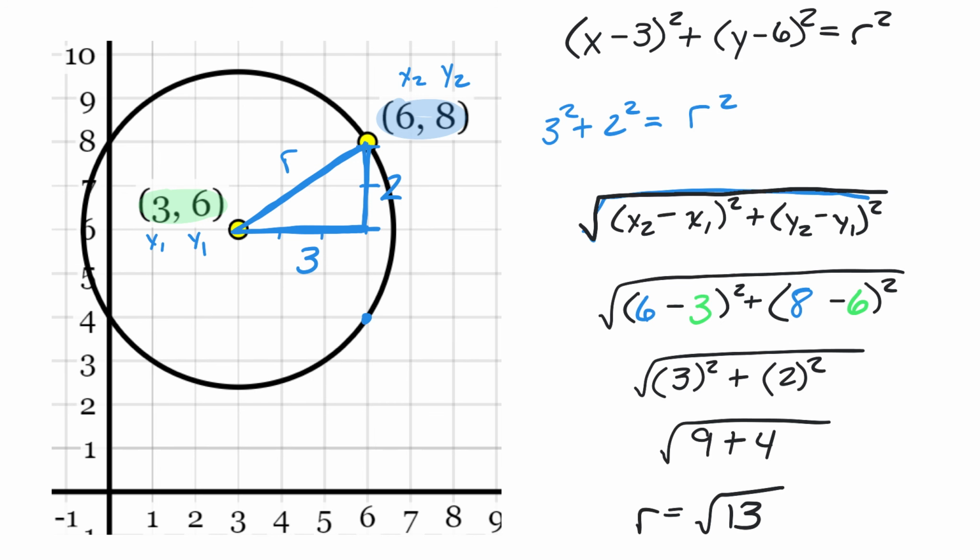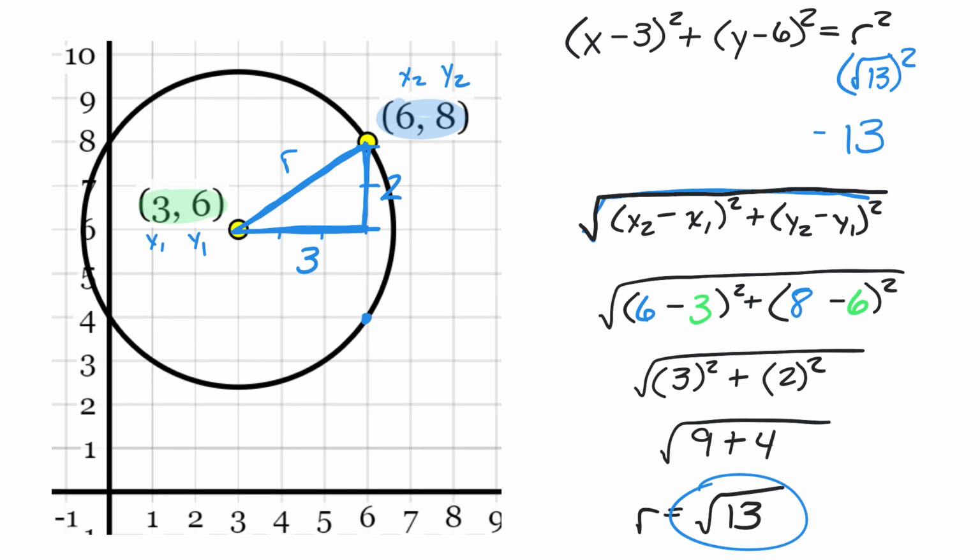So here's something that works out really well for us. This is a square root, but remember, we got to go all the way back up to this equation and substitute in our radius. So we end up with the square root of 13 squared. So this ends up being 13. We don't have a radius of 13, but remember the equation is radius squared.